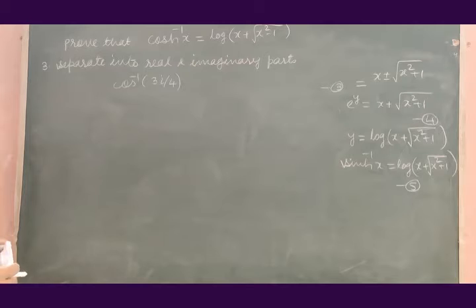See what you are asked. Separate into real and imaginary parts, that is cos inverse of 3i divided by 4. Let us see how to perform it.